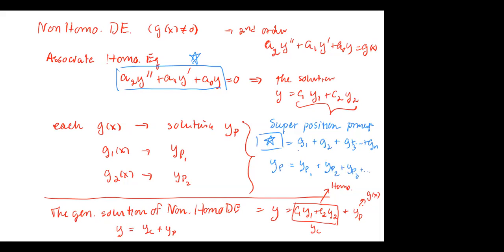And I'll explain more in the example. So if you have only one term, you know the particular part of it is yp1. But if you have the sum of two different g's, and each one gives a different yp, you can add them all up as the particular solution of the same differential equation. Okay, question for this part?